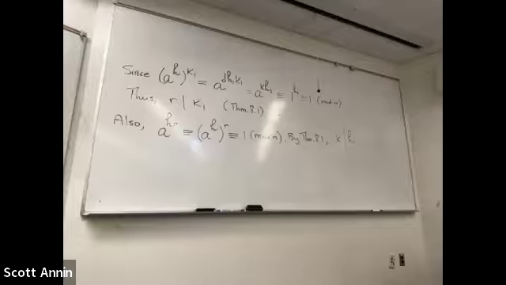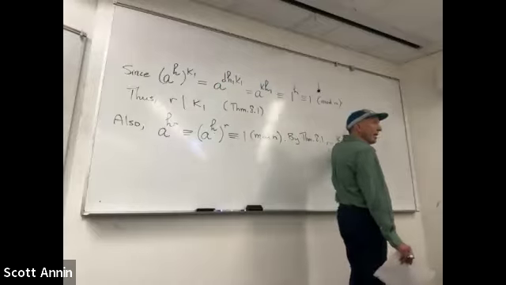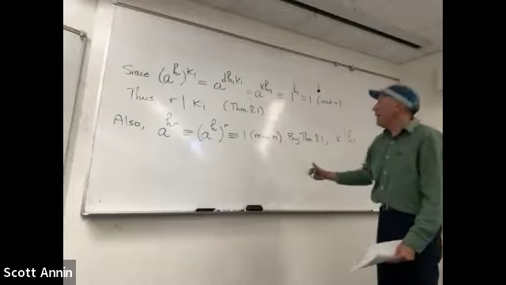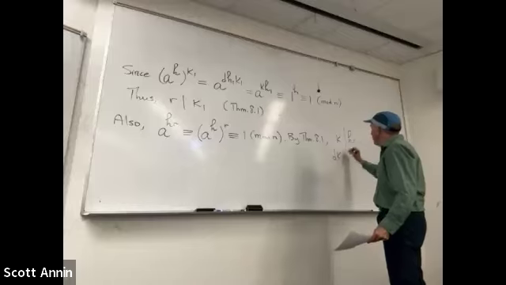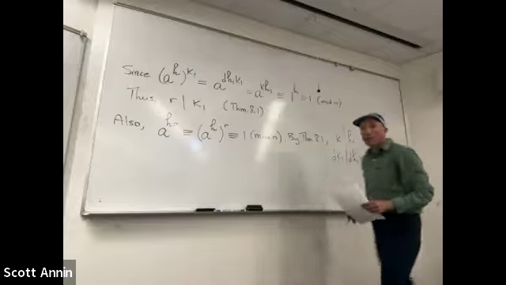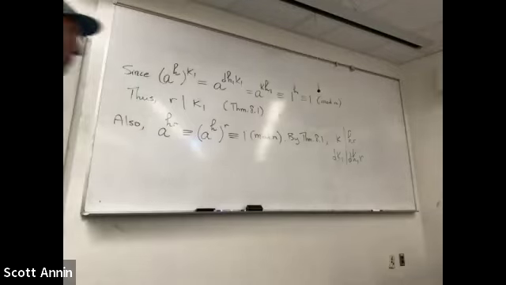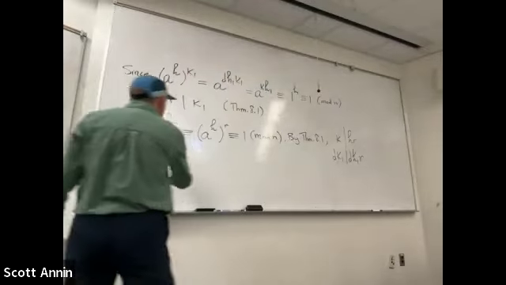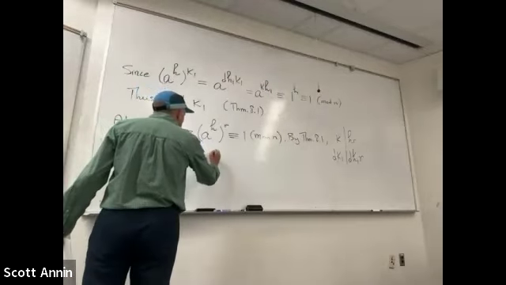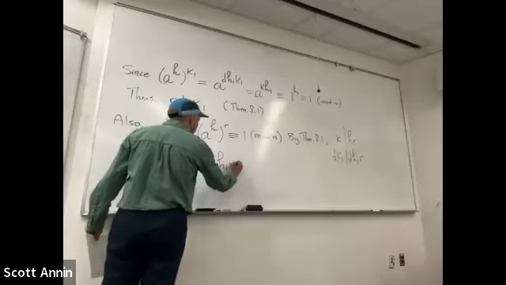I'm trying to prove that K1 divides R. But if K divides HR, let's plug in. K was DK1 and H was DH1. Just sub that in there, get rid of the D's, and you've got K1 is dividing H1R.